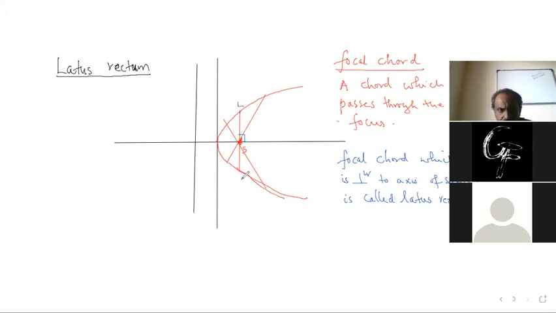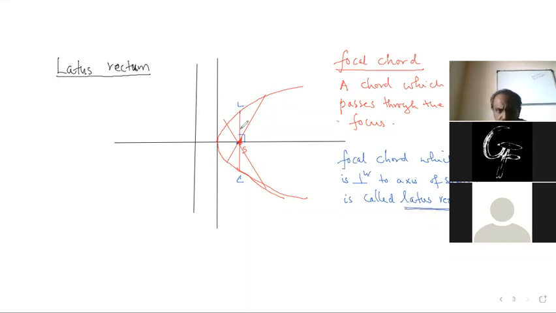So L dash is called the latus rectum. Is it clear to everybody? What do you call the other chords? The other chords are passing through the focus, so they are called focal chords. But the latus rectum is also a focal chord.